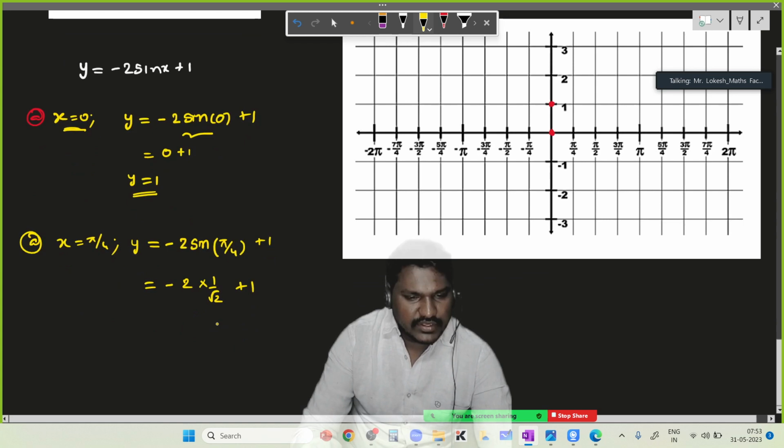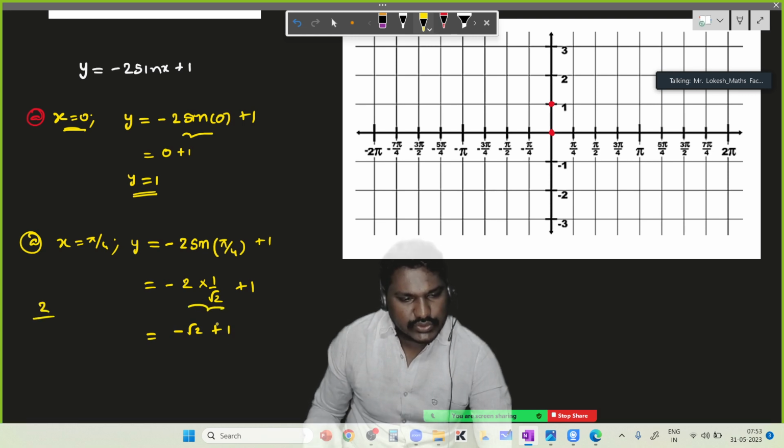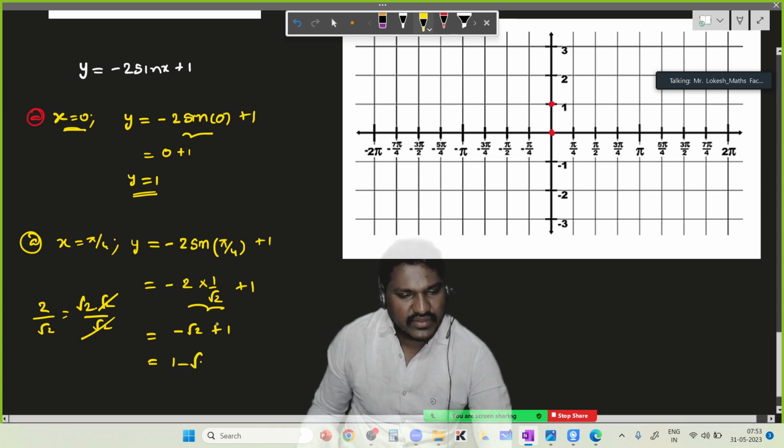So sine 45 is 1 by root 2. So which will become minus root 2 plus 1, because 2 times 1 by root 2 is 2 by root 2, and this 2 can be written as root 2 times root 2 by root 2. So if one root 2 gets cancelled with another root 2, we will be left with one more root 2, so it will become minus root 2 plus 1, or simply 1 minus root 2.